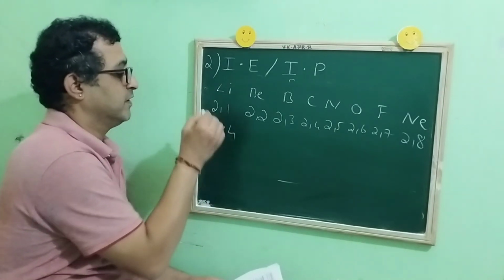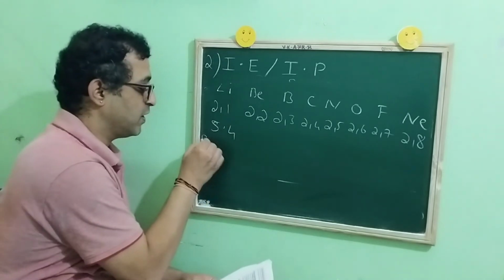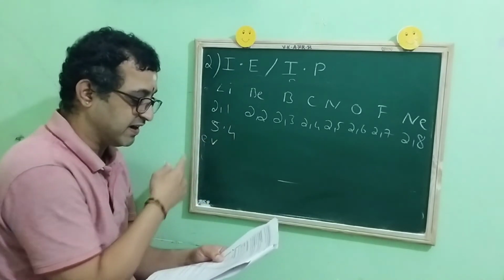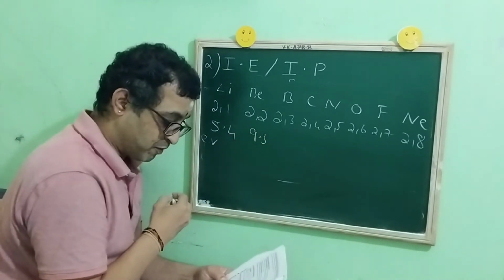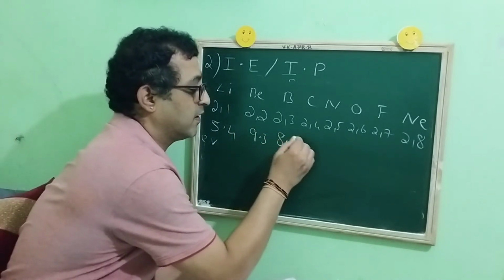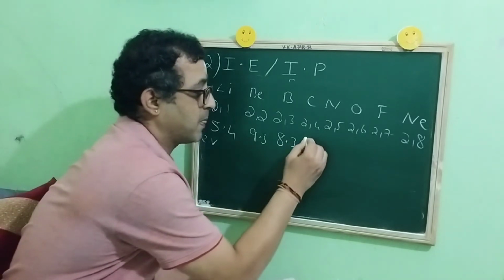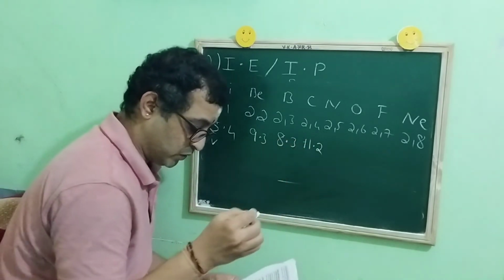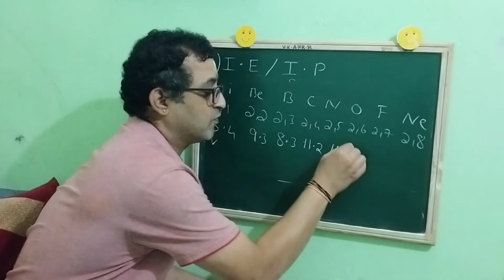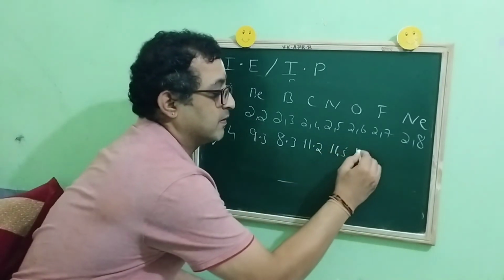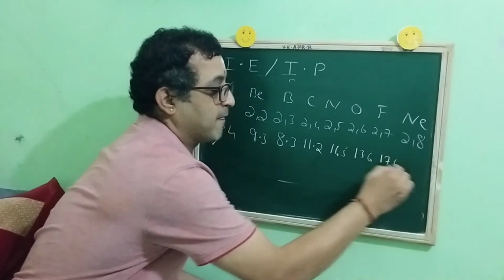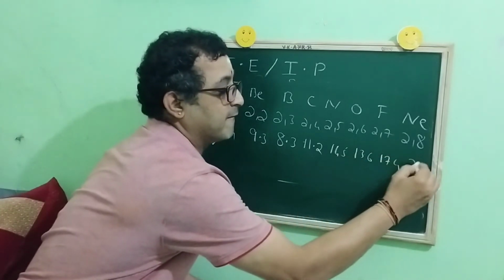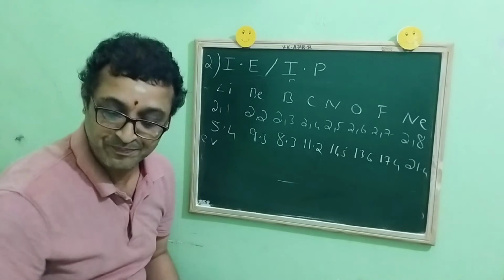It is 5.4, 5.4 electron volts, that is the ionization potential for lithium. Beryllium 9.3, 8.3, 11.2, 14.5, 13.6, 17.4, 21.4.